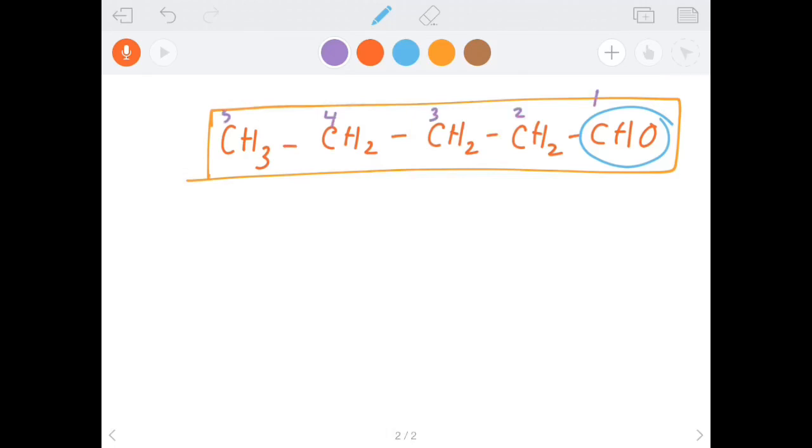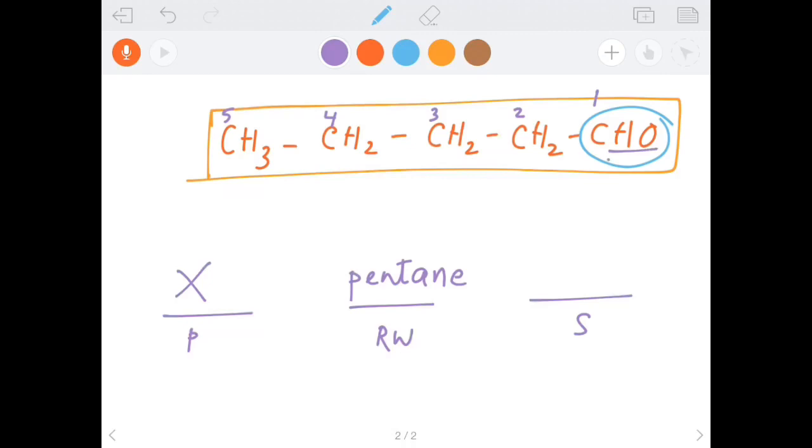So I'm going to start like this, and I'm going to put the format, the prefix, the root word, and the suffix. If you notice, there's nothing outside the chain, so there's no prefix at all. My root word is going to include 5 carbon atoms, so I'm going to write pentane first. And if you notice, my suffix is with the aldehyde group, so I would put an al, and I would remove the E, and the name I would get would be pentanal.